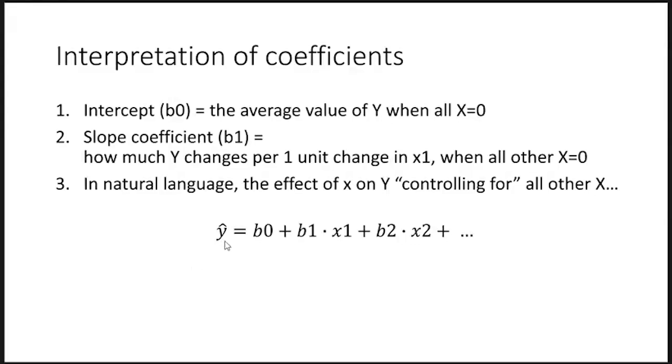We can see it from the equation. b0 plus b1 times 0, this cancels out. b2 times 0, this cancels out, right? So whenever we look at the intercept, we say this is the predicted value of y when all the other x's are 0. And how do we interpret a slope coefficient? It is how much y changes per 1 unit change in x1, which in this case is the b1 slope, when all other x's are 0.